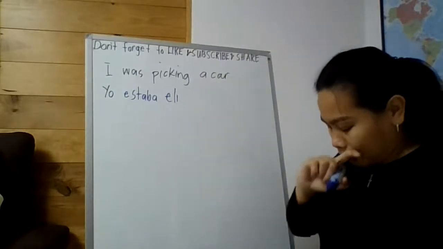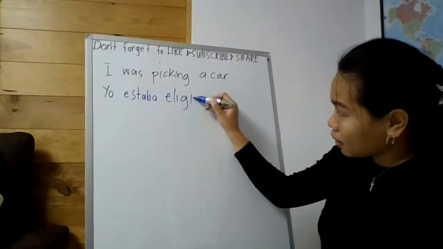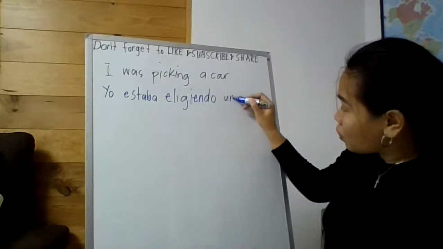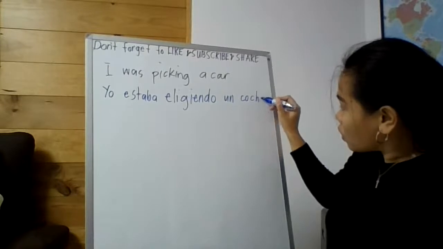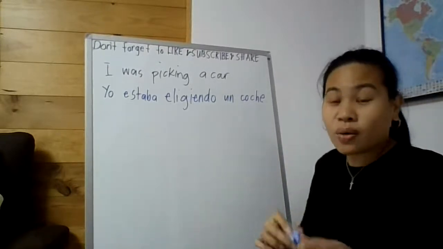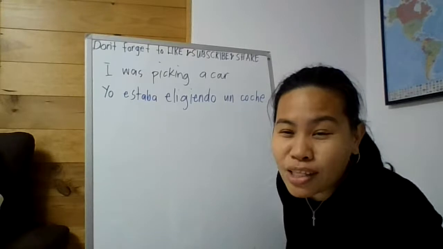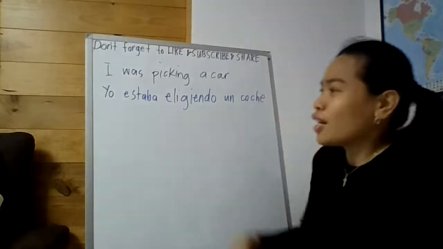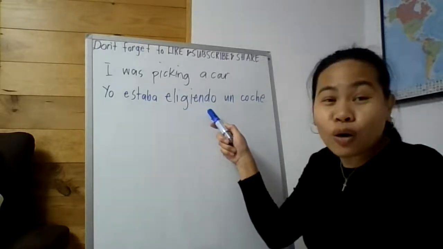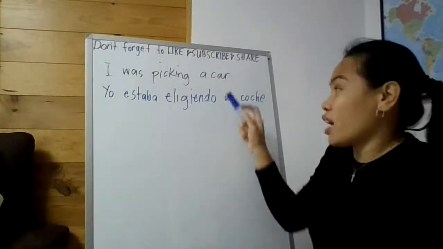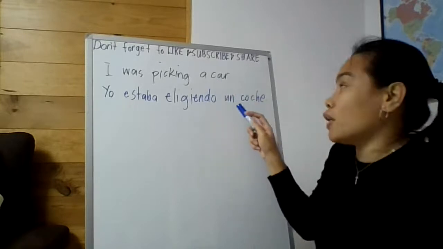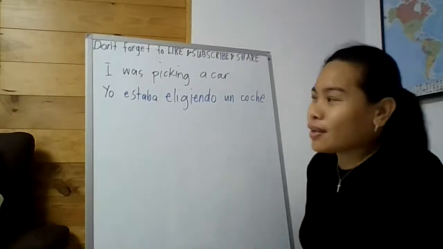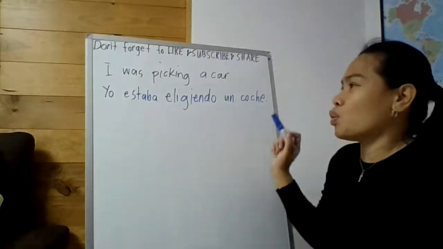Yo estaba eligiendo un coche. A is the article. So, in Castellano is un coche. Okay? Yo estaba eligiendo un coche.